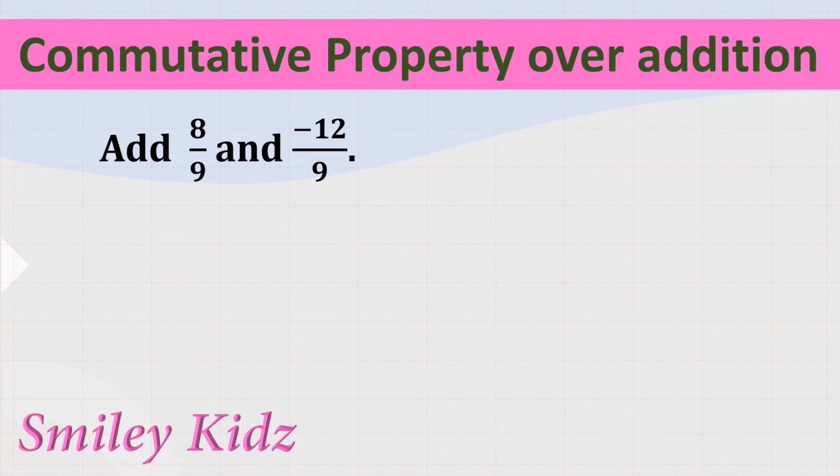Commutative property over addition. The property is a plus b is equal to b plus a. Here is our example.